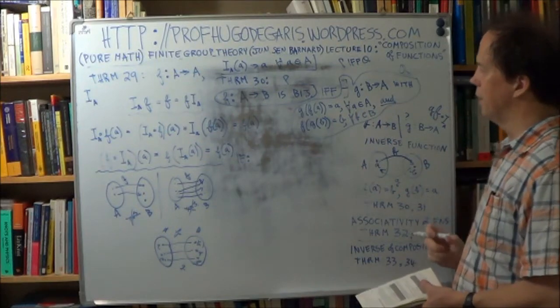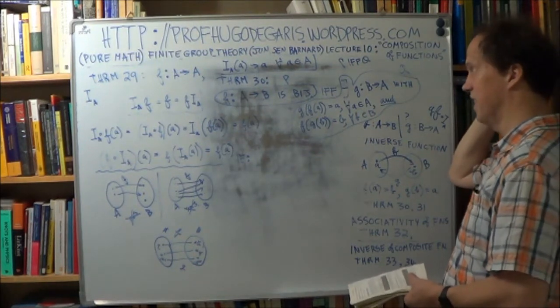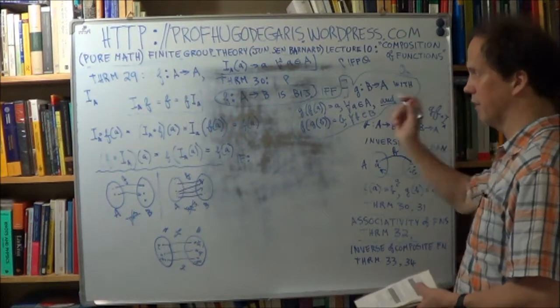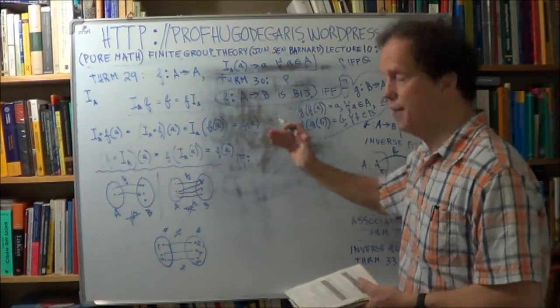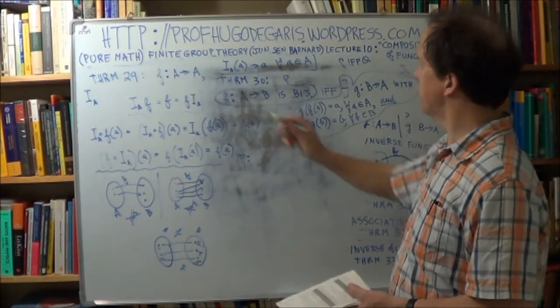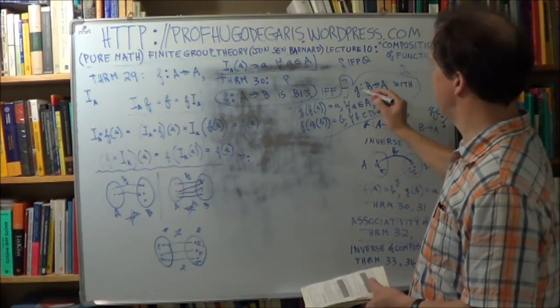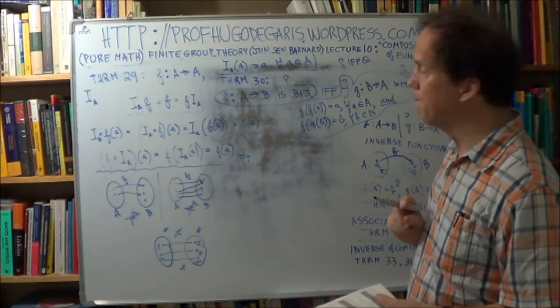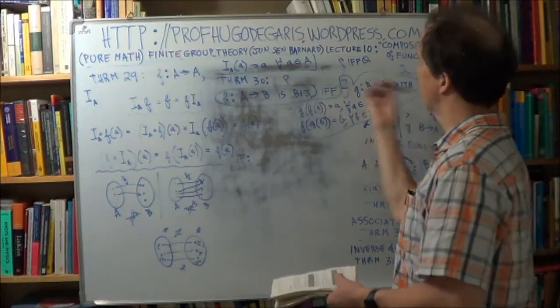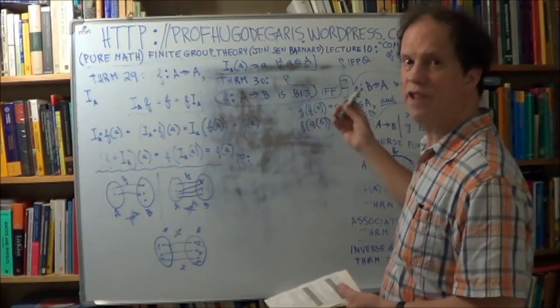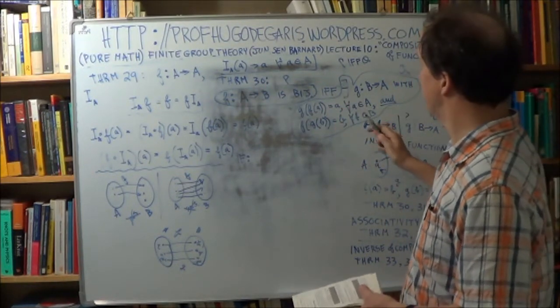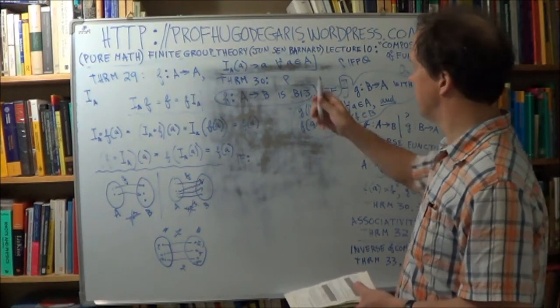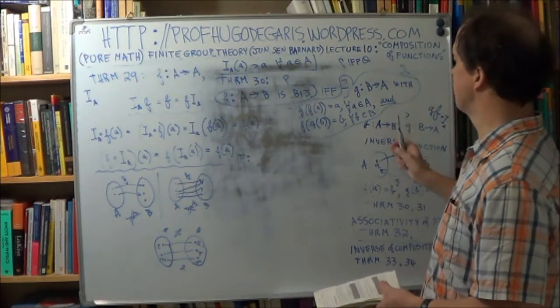Okay? And so effectively what you're saying is that this is what the theorem's saying. If f is bijective, then there is an inverse. Okay? Now it's an if and only if, so it goes both ways. It's typical of IFF type proofs. So if f is bijective, there's an inverse.